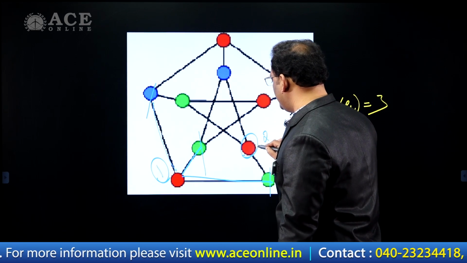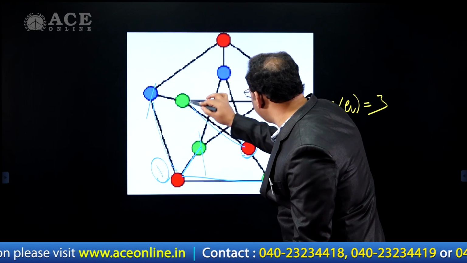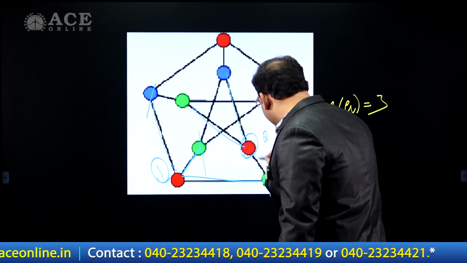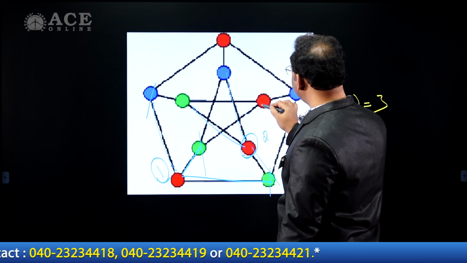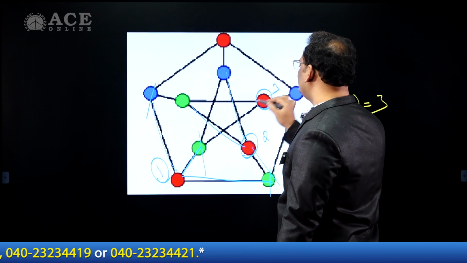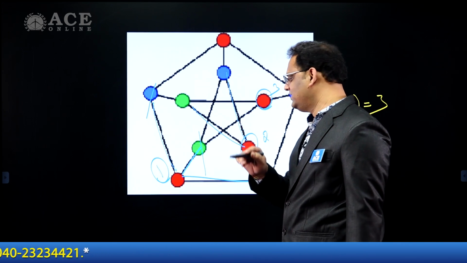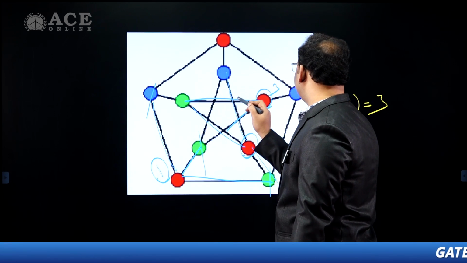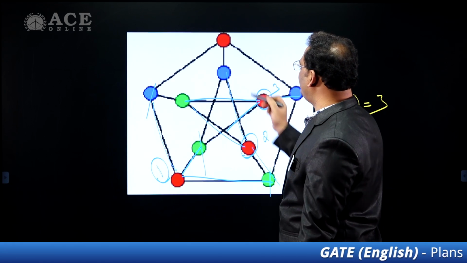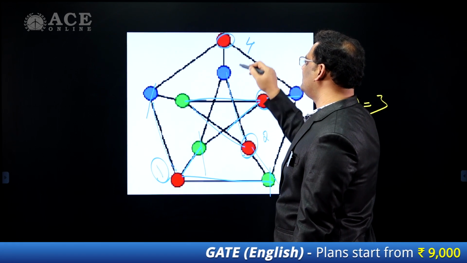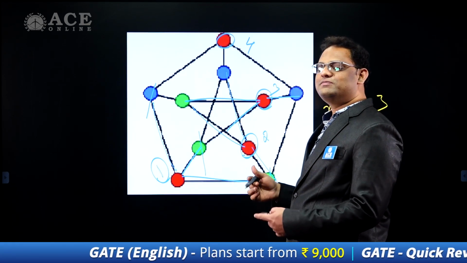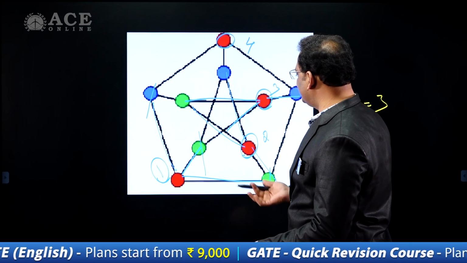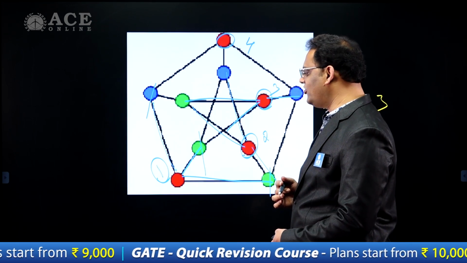If you choose this one, these neighbors, this one and this one, are not allowed, but you can choose this one, no problem. And if you choose this one, this neighbor is not allowed, but you can choose this one. The largest maximal independent set consists of 4 vertices, my dear, not 3.